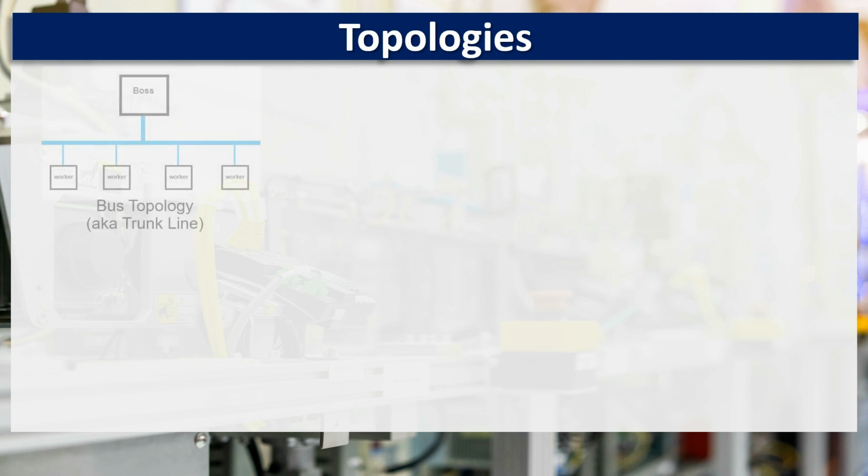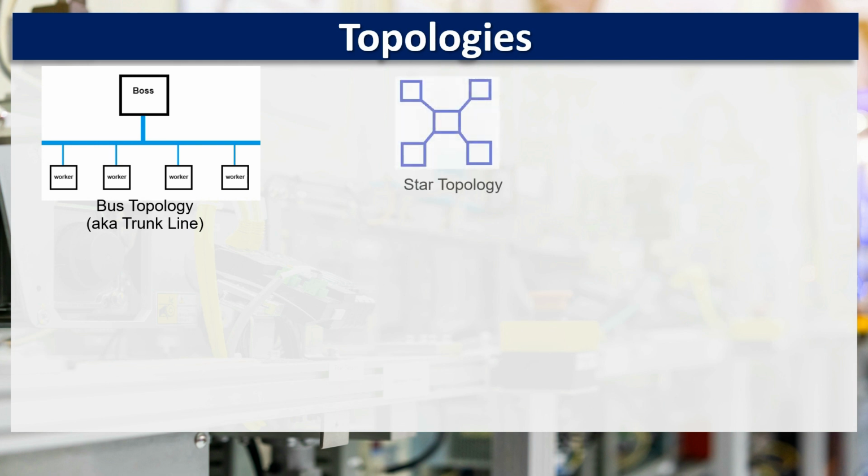So the first one is called bus topology. It's also known as trunk line. It's a simple system that has usually one boss unit that controls a series of worker units from a main bus that drops to each individual unit as well as the boss. The second is called star topology.